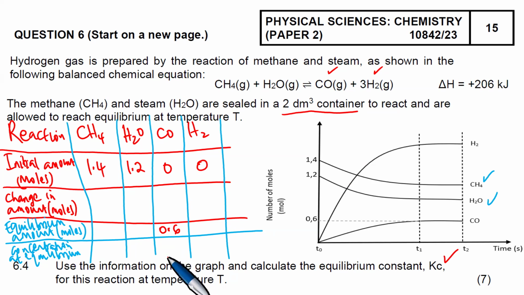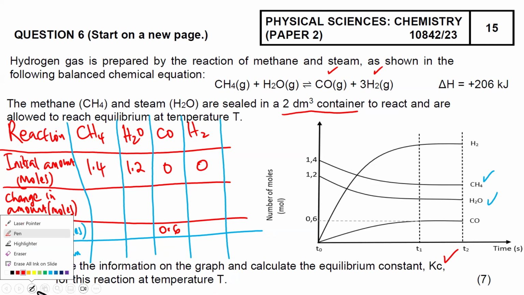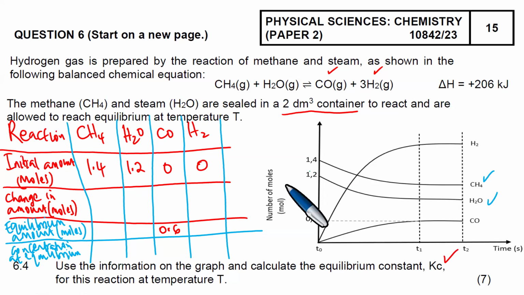Next, you actually have changes here. So you must complete the changes row in the table, and you must learn how to do this as a chemistry student. To do the changes, you need to look at the number of moles.